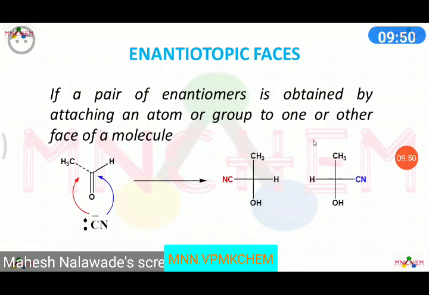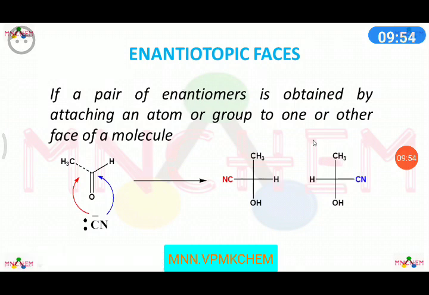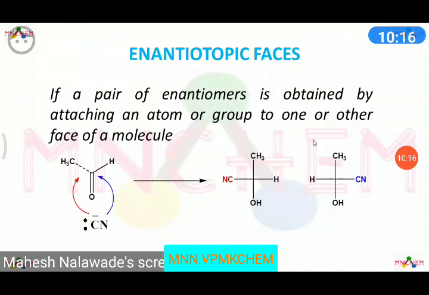If I do the cyanation reaction on this acetaldehyde, the cyanide group or the nucleophile can approach this carbonyl carbon from the front face, shown with the blue arrow, or from the back face, as shown with the red arrow, and we'll get two products.